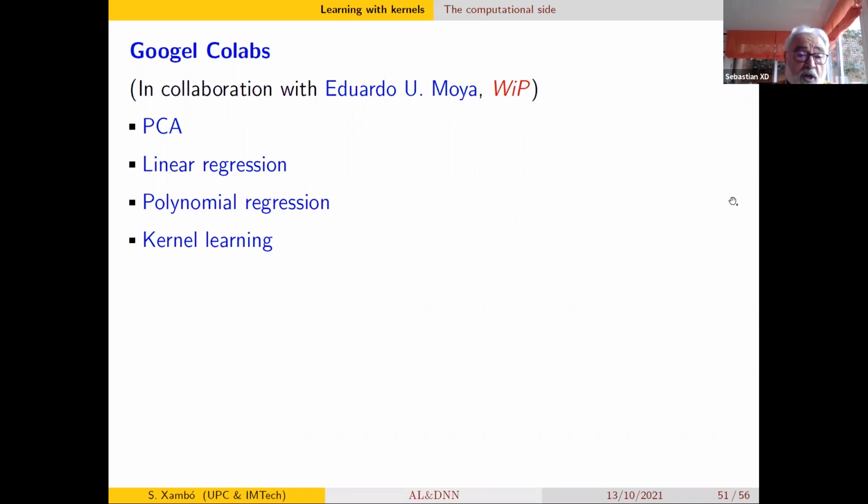This is work in progress. We have so far notebooks in Colab format for principal component analysis, which I mentioned the first Tuesday, for linear regression, for polynomial regression, and one example of kernel learning. But it's too late, so I will take some time tomorrow to explain at least one of these.